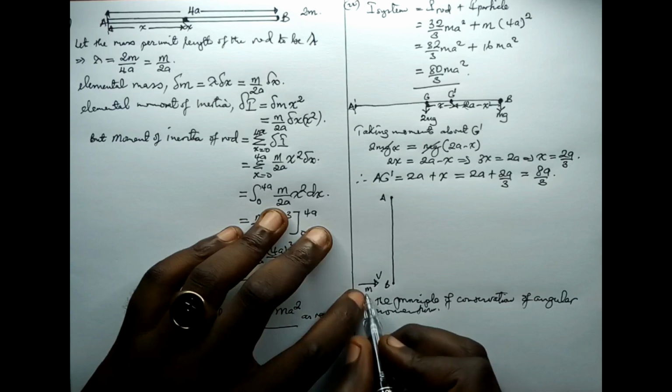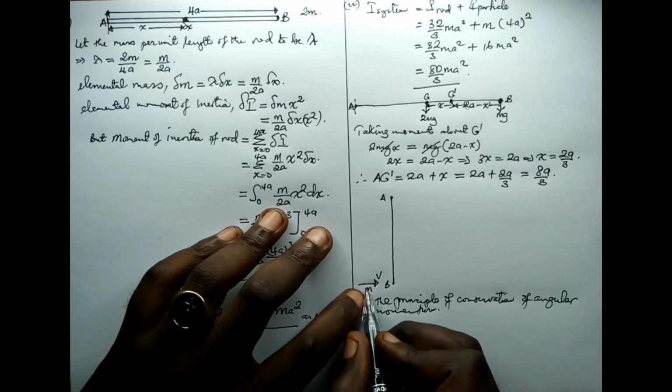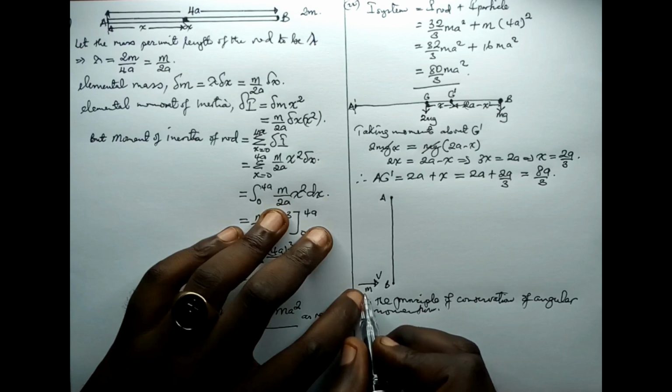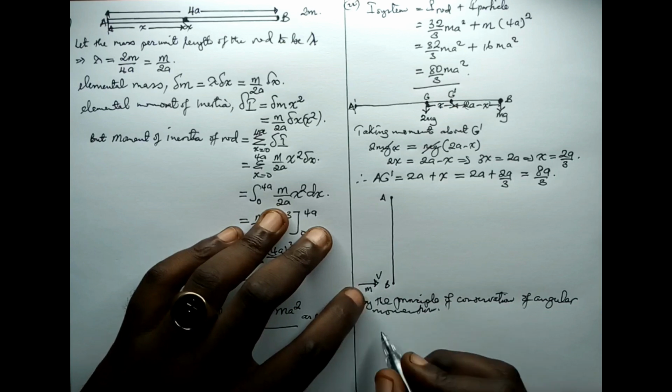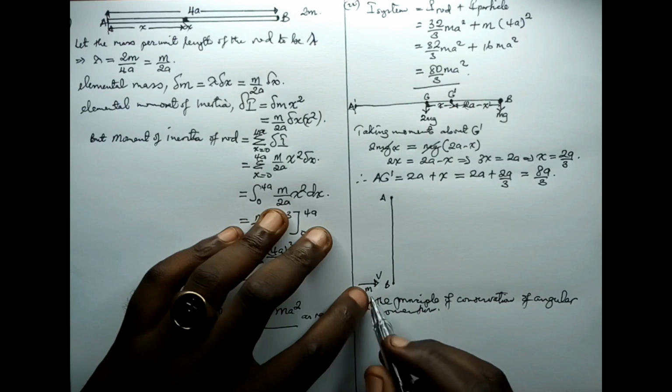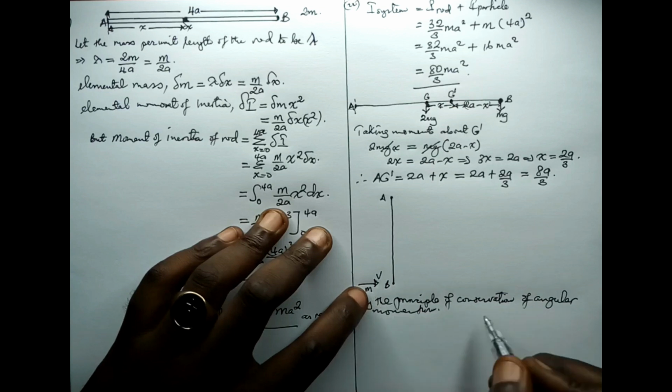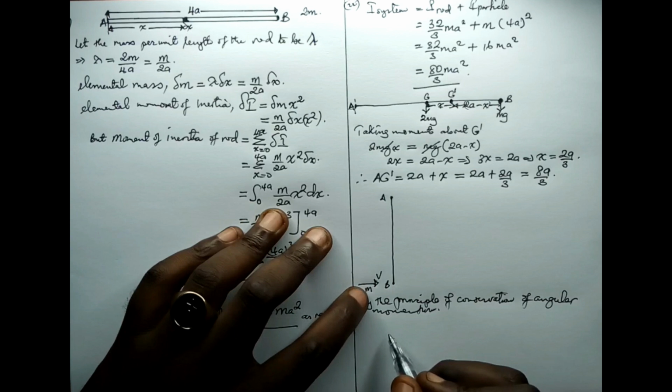I would have that initially it is the particle that is doing the motion. The rod is stationary initially, so the initial angular momentum of the rod will be 0, and the initial angular momentum of the particle is actually its moment of momentum. Remember, it's moving with linear speed, so we have to use linear momentum in conservation of angular momentum.